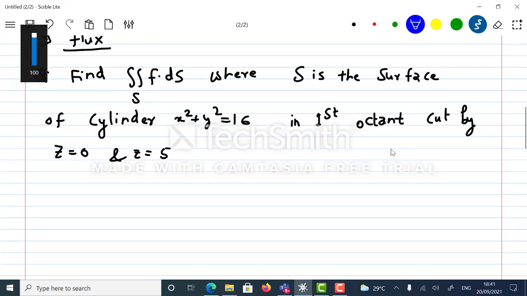So let me draw the surface. I am interested only in the first octant. Basically you can see a cylinder on this side.